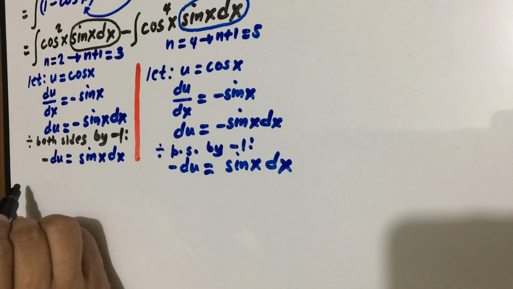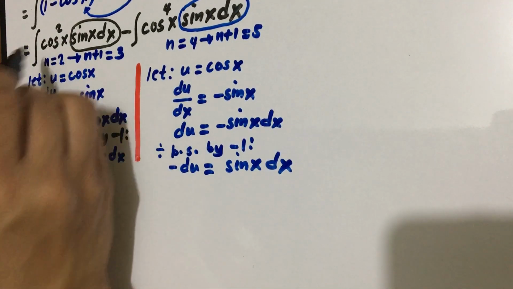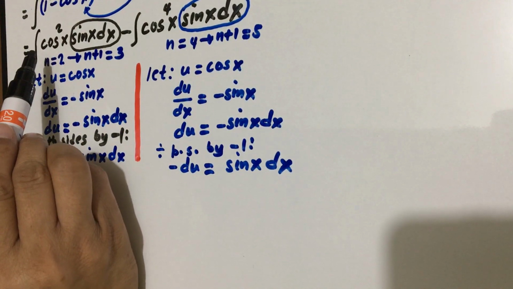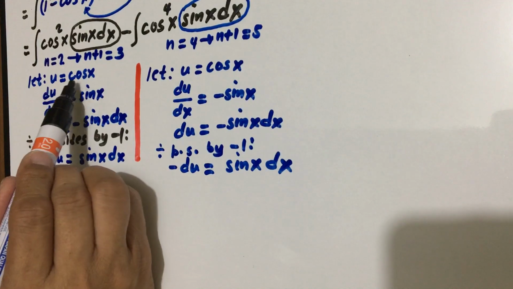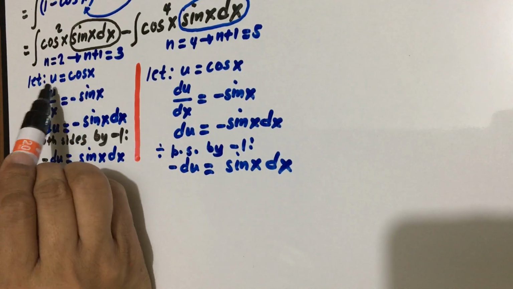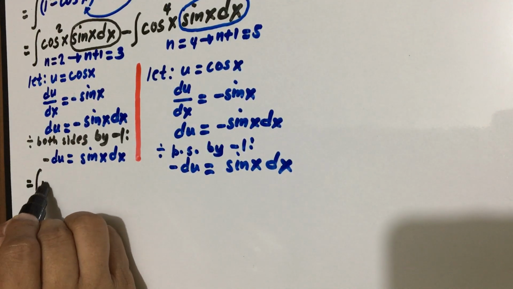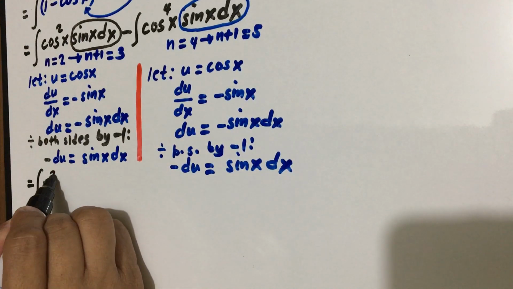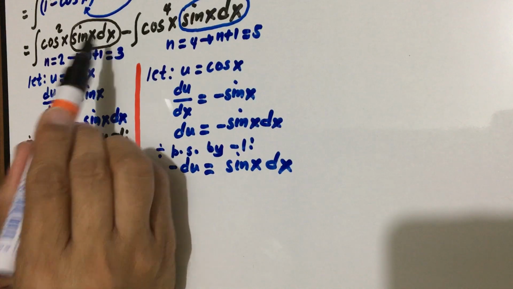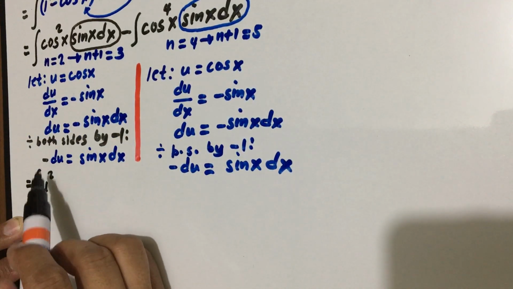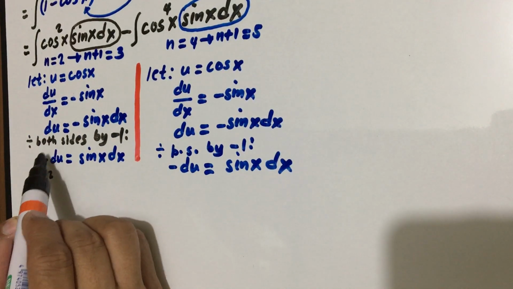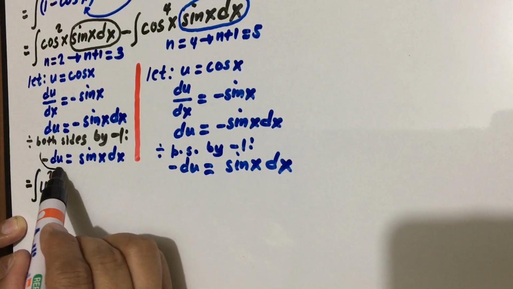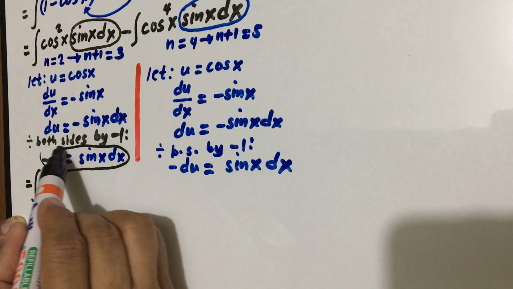Then after that, let's substitute. We have from here the integral of, we let cosine x equal to u. So we can write this as u, then the exponent is 2. Then we have here sine x dx, and our sine x dx is equal to minus du.